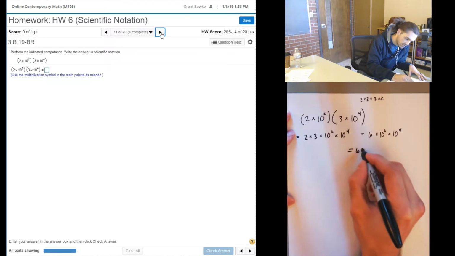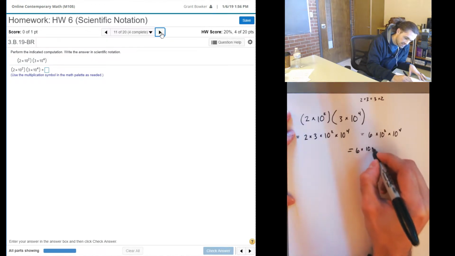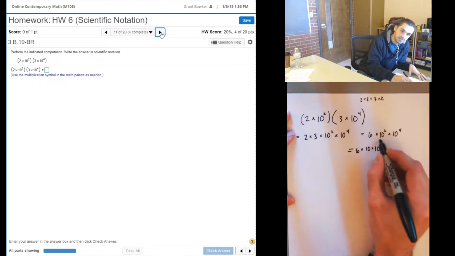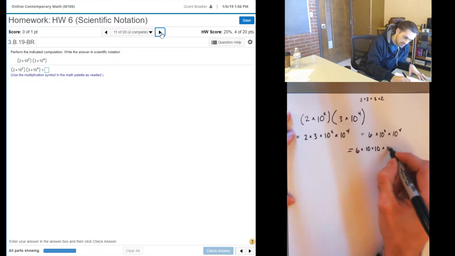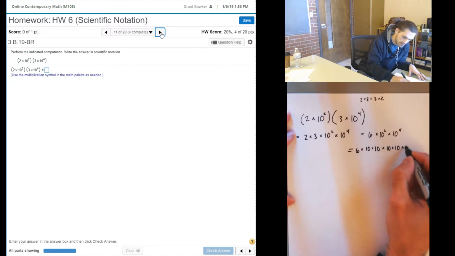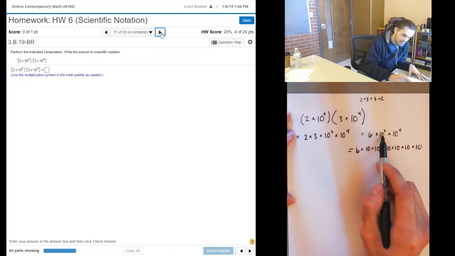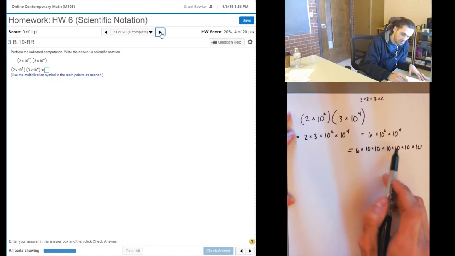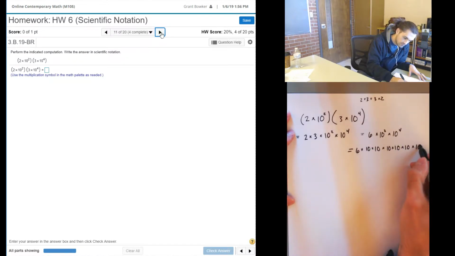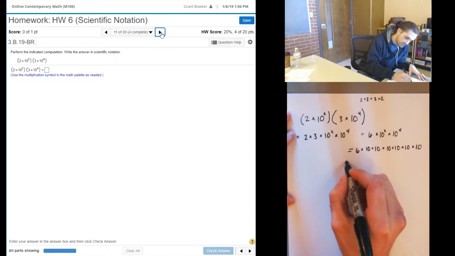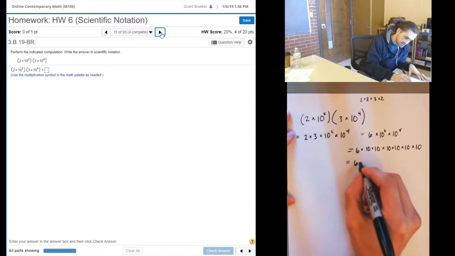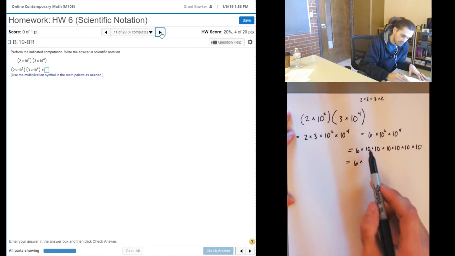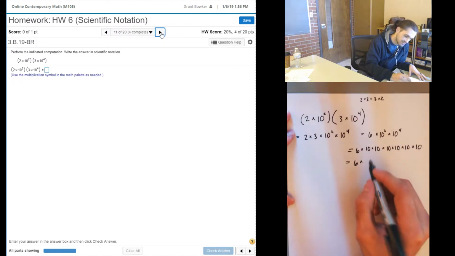So really what we're looking at is 10 times 10 from this piece times 10 times 10 times 10 times 10. We have 2 copies of 10 from the 10 squared, 1, 2, and then we have 4 more copies, 1, 2, 3, 4, from the 10 to the 4th piece. Well, recognize that's 6 copies of 10: 1, 2, 3, 4, 5, 6.